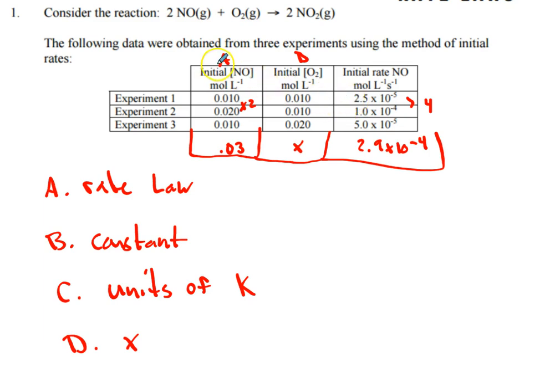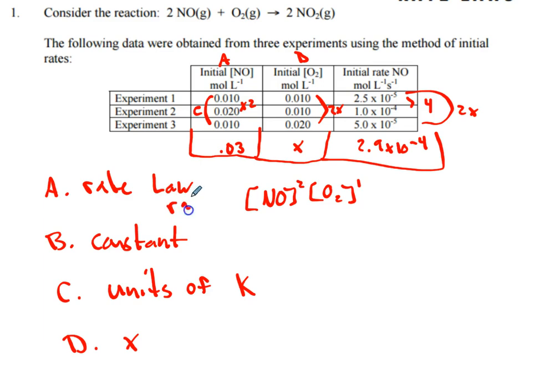So when A was doubled, we got a 4. So A, or NO, is squared. We okay with that? All right, when these are held constant and these are doubled, what was your change? It was 2x, so that would mean B, or just O2, was raised to the first.